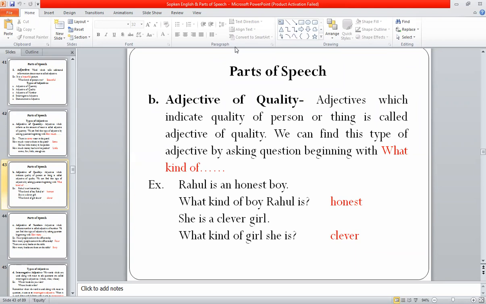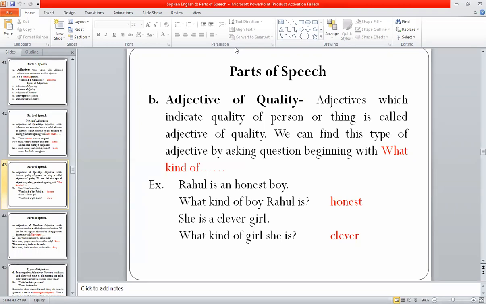So honest is the adjective of quality. It is showing the quality of that person. Rahul's honesty is the quality.